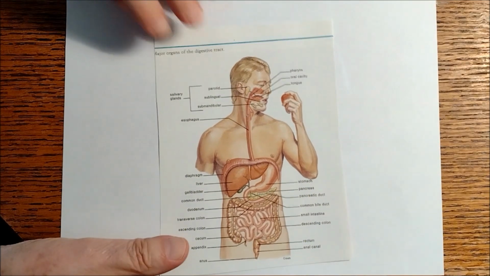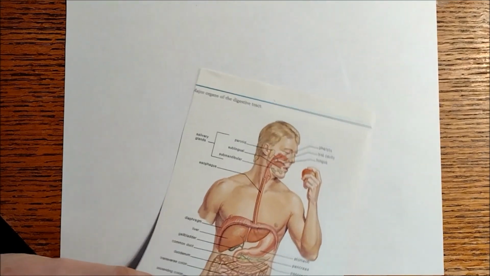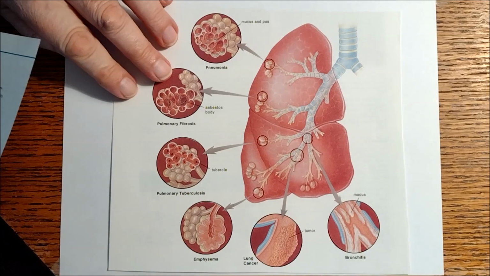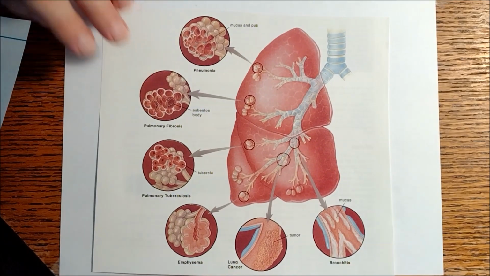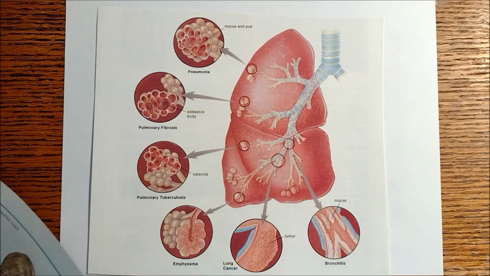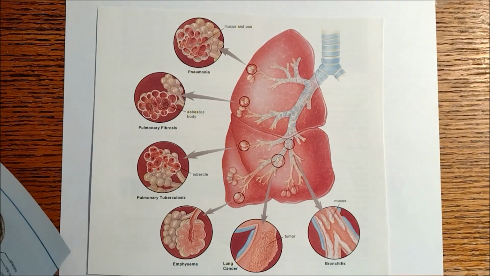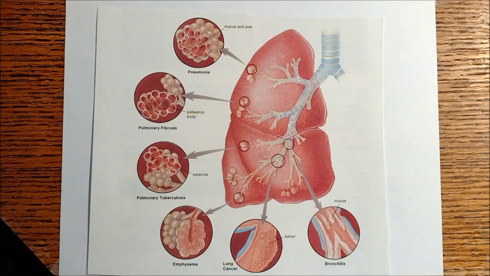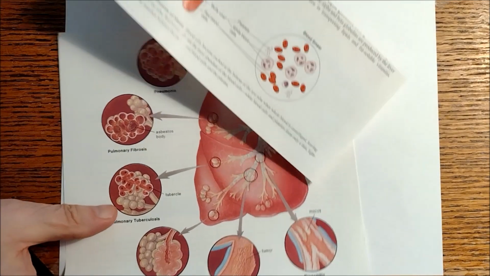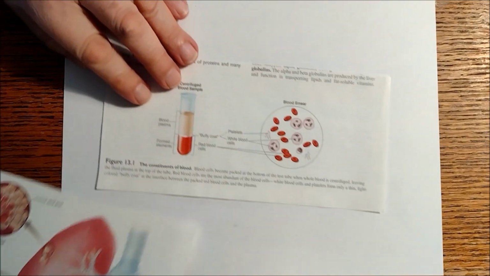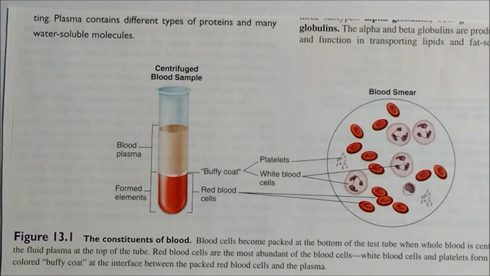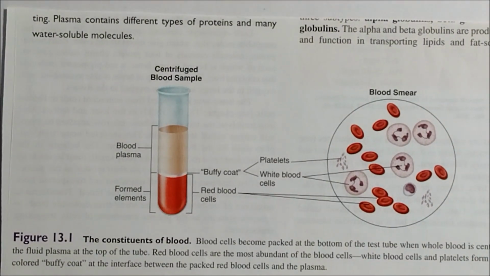It's not enough to eat our food, but we have to have oxygen in order to release the energy that's inside the food. And so we will be looking at the respiratory system, the lungs, and how we breathe. But that still is not enough, because when we take in food and oxygen, it must be carried along by the blood cells.